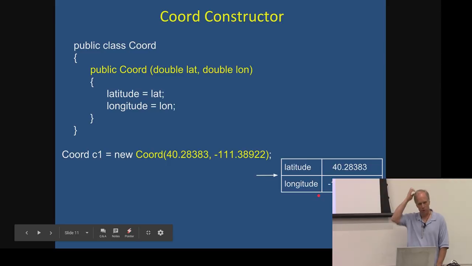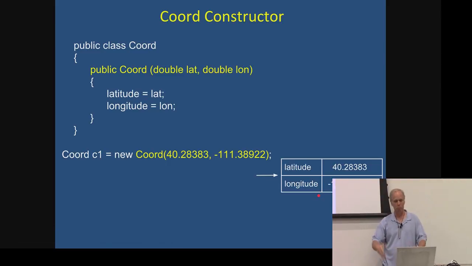That's there for us so we can read it more easily. In reality, it doesn't say latitude and longitude. The code just has to know that the latitude is stored in the first spot and the longitude is stored in the second spot. And how that happens is up to the compiler. When the code is translated closer to machine code, the compiler decides whether latitude or longitude will be first, and it just remembers that in all the code that it produces.